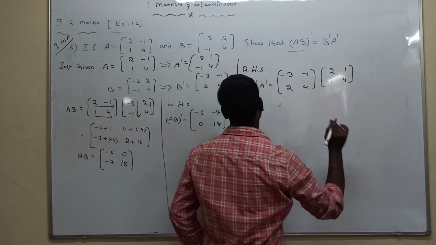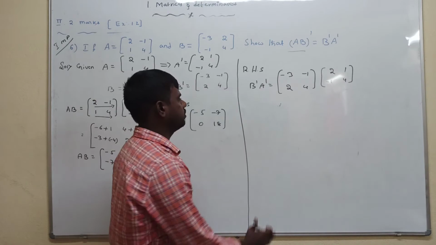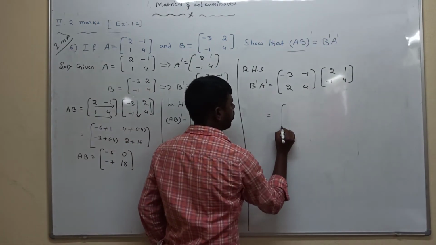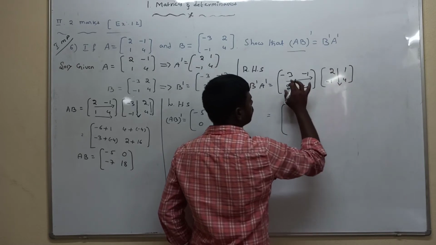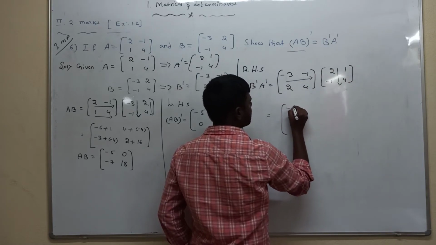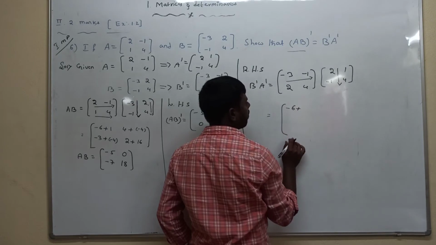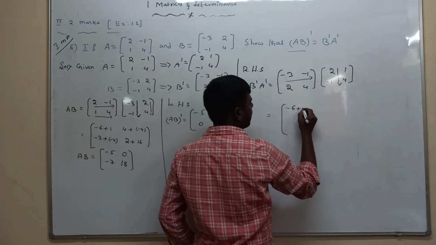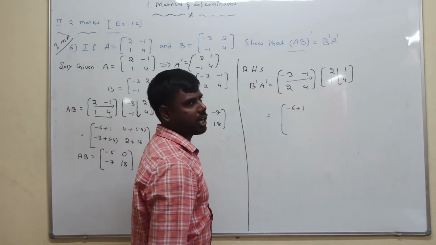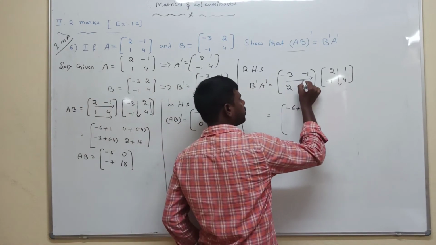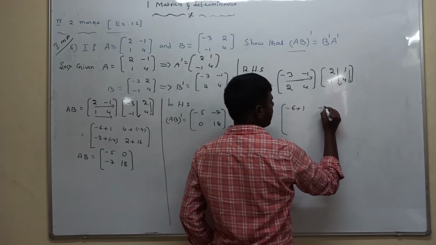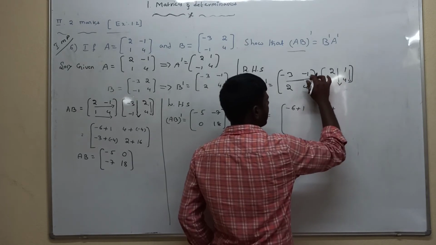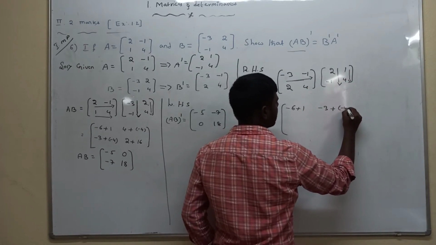By applying the multiplication of two matrices condition, first the first row and the first column: -3 into 2, that value is -6, plus -1 into -1 is +1. First row first column is over. Next the first row, second column: -3 into 1 is -3, plus -1 into 4 is -4.